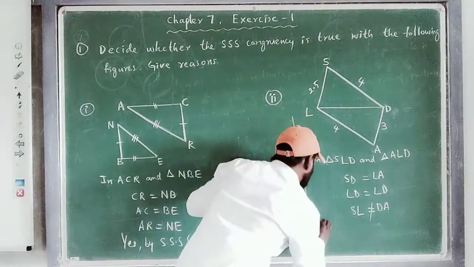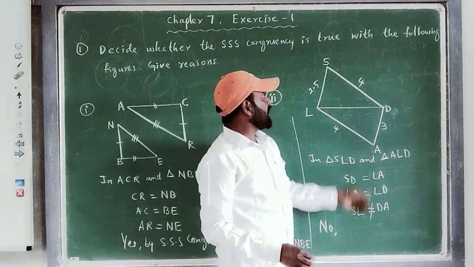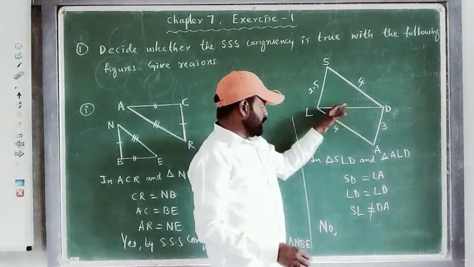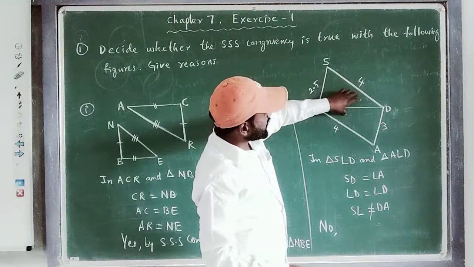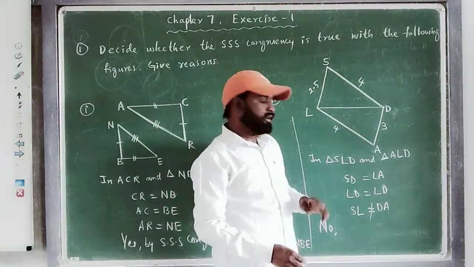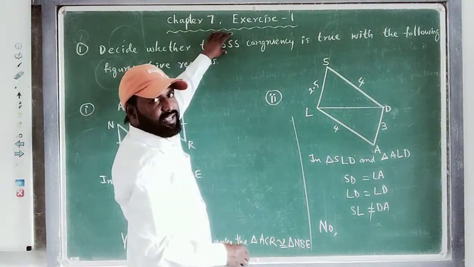So no. Why? The reason is this. The SL side is 2.5 and the other side is 3. Two corresponding sides are equal, but one side is not equal. So we cannot say these two triangles are congruent by SSS.